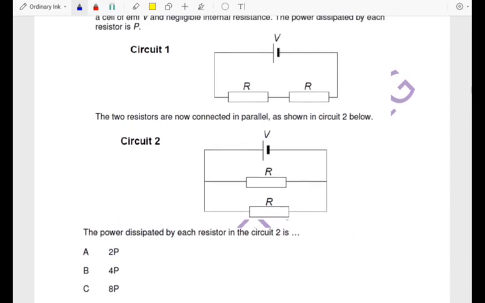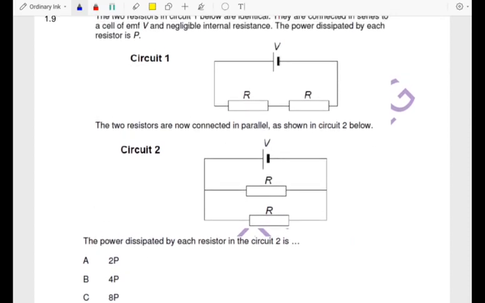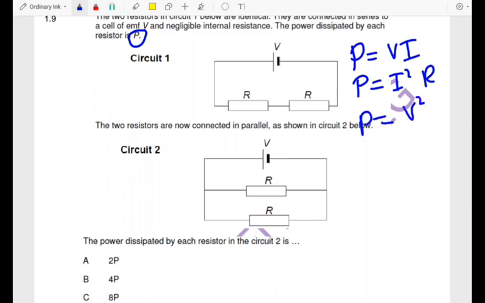Well, we say the power dissipated by each resistor is P. By what factor does that power change? Well, our power equations are P equals VI, P equals I squared R, P equals V squared over R. Now, you can use any one of these equations.